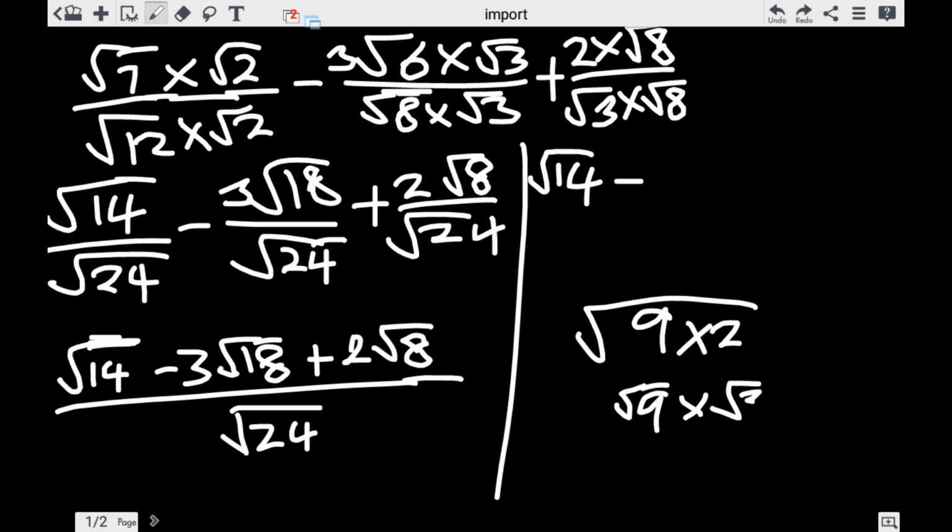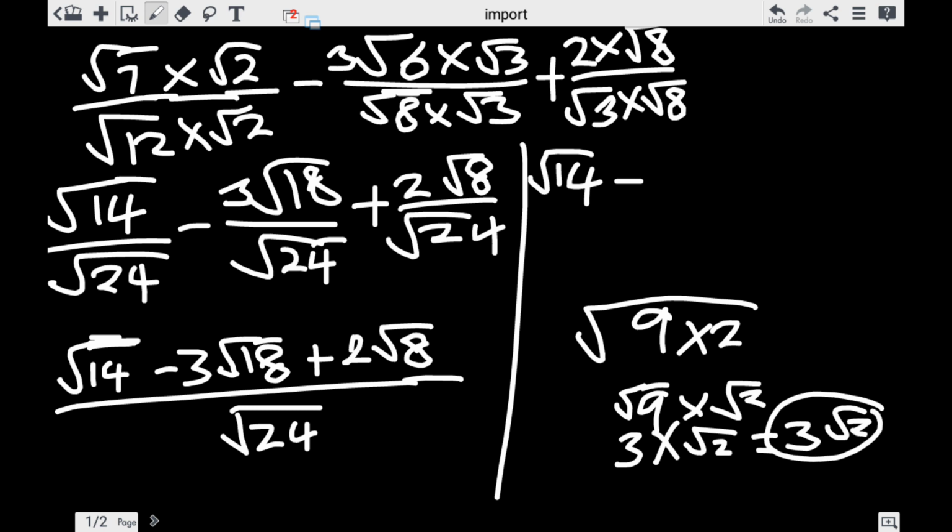So now root 9 is 3, and 3 times 2, sorry, I made a mistake here. So 3 times root 2, it is 3 root 2. So here is what you should write over here for that root 18.